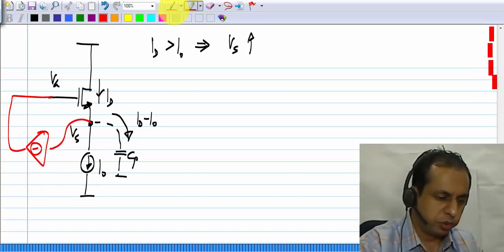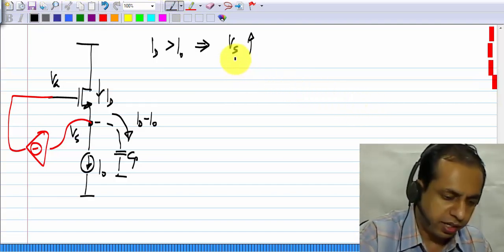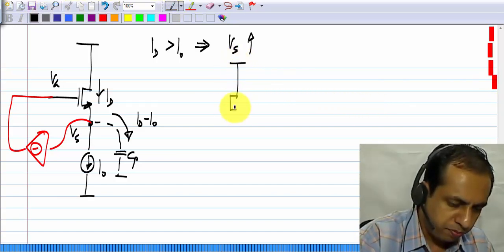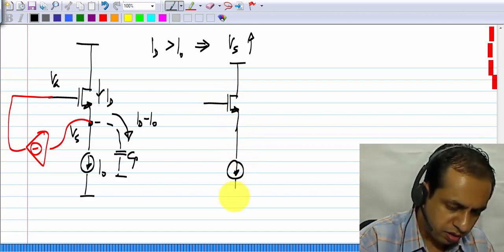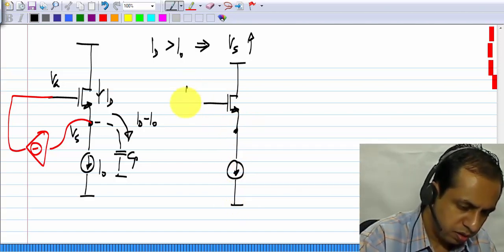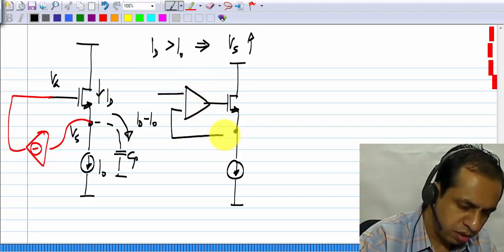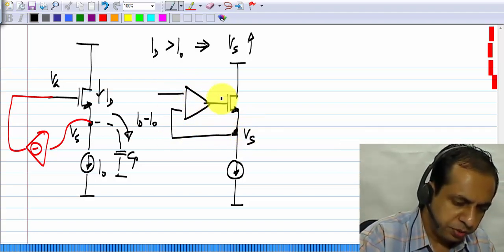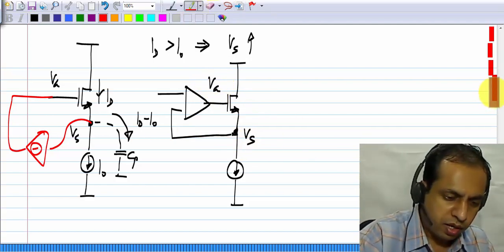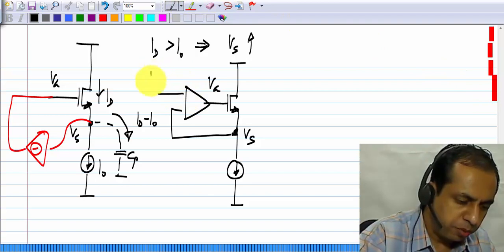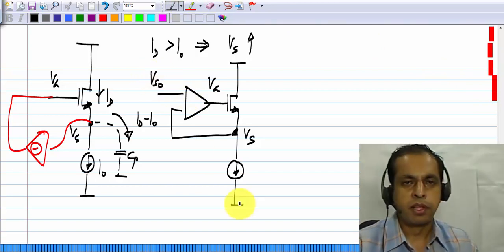And I'll quickly show you one possibility, again using an ideal op amp. I had to sense Vs and feed it back to the gate, and I do it through an op amp, and the other terminal of the op amp I call Vs0.